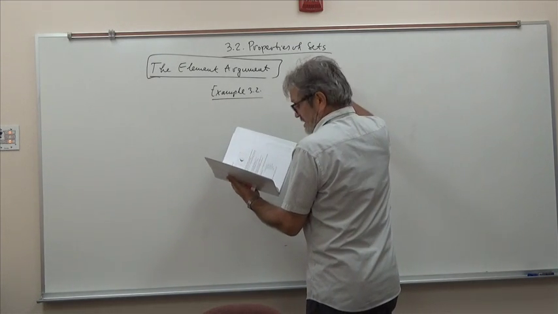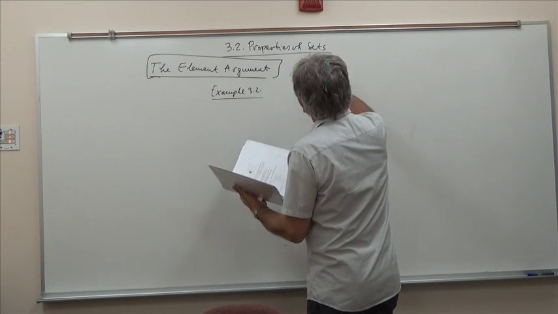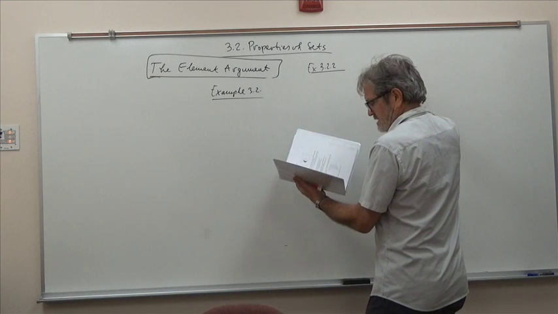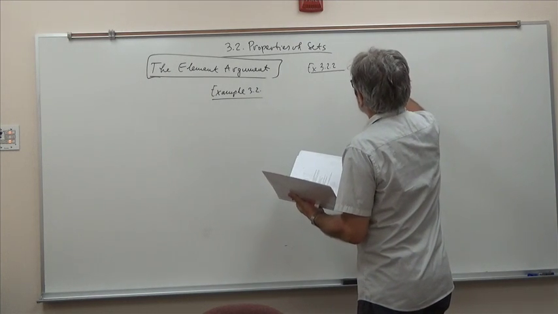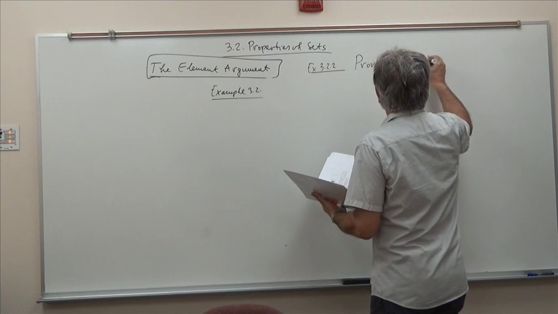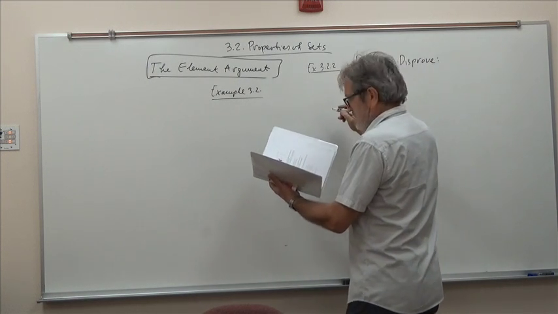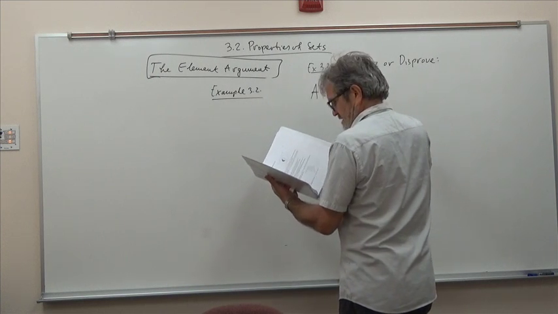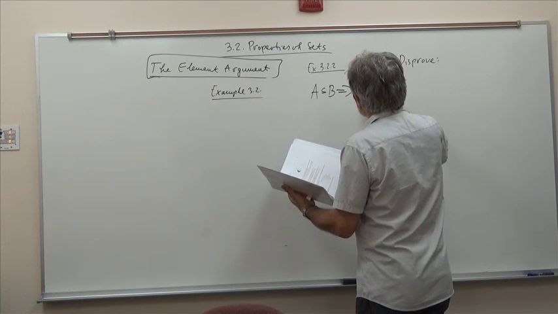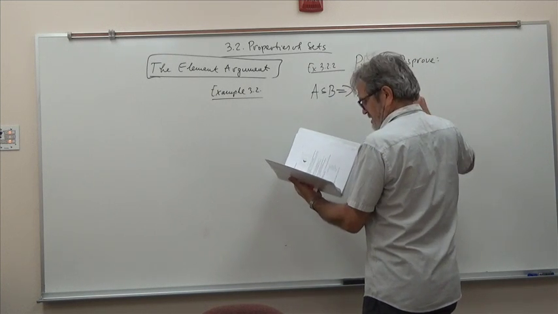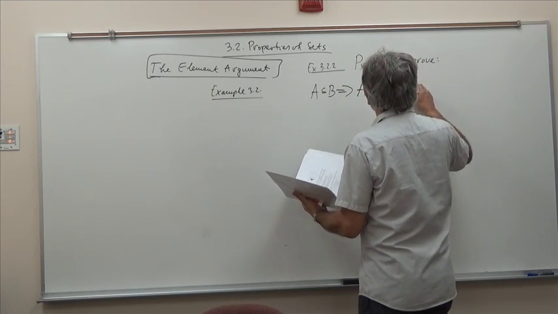So here it is. They say the following example, 3.2.2, and that is prove or disprove: if A is a subset of B, then A intersection B intersection C complement is the empty set.